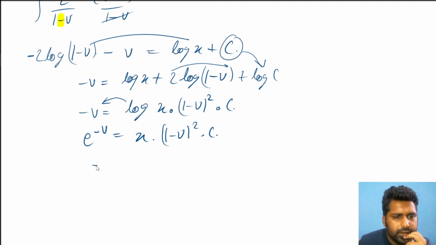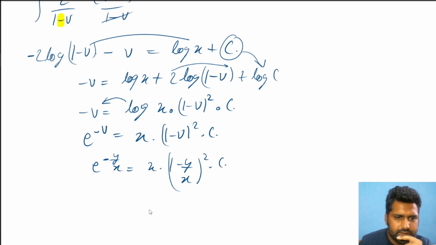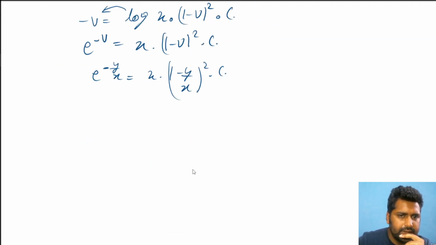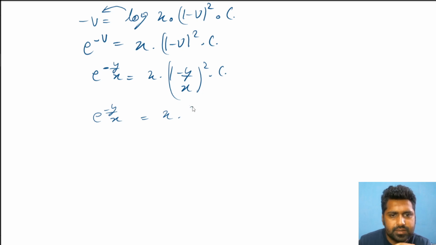So let it be. E raised to power minus y by x is equal to x into 1 minus y by x whole square into c. Okay. Now e raised to power minus y by x is equal to x into, you'll take the LCM, so x minus y whole square upon x square, this cancels, into c.